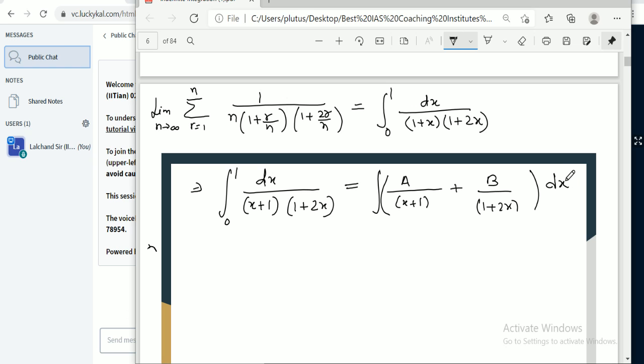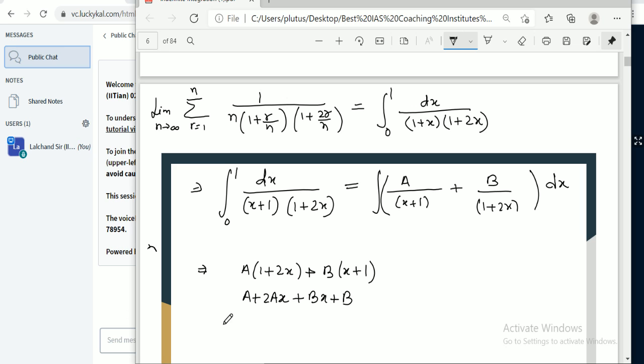Okay, if we simplify this equation, the numerator part is a into 1 plus 2x and b into x plus 1. So here we have 2ax plus bx plus b.